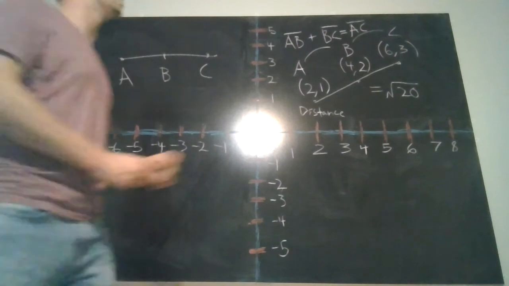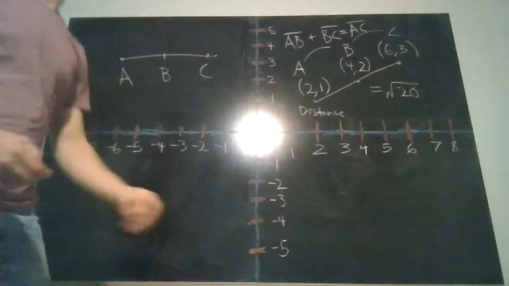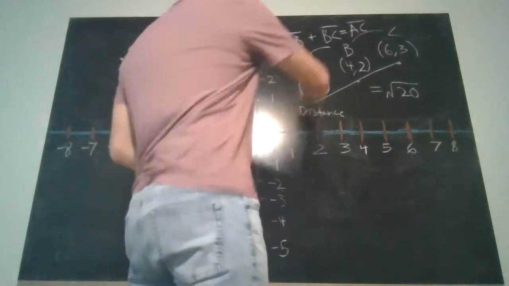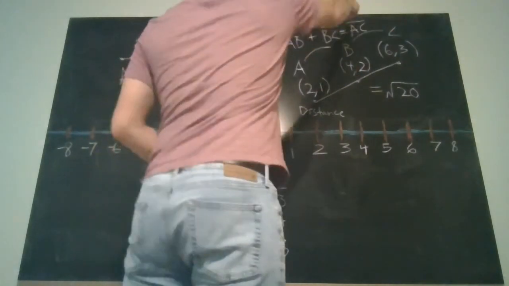If C is in the middle, then we just have to switch C for B, but the point is that whenever they're on the line A, B, C, then AB plus BC is equal to AC.